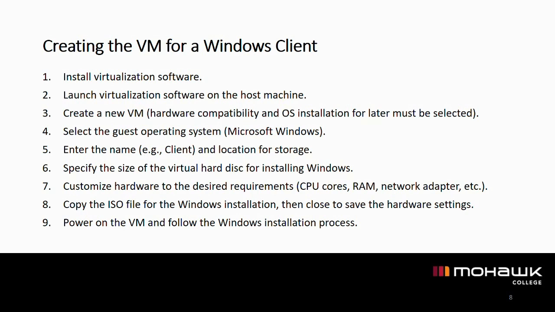Customize hardware to the desired requirements. Again, the number of CPU cores, RAM, network adapter, and the others should be determined. We have to copy the ISO file for the Windows installation, then close and save the hardware settings.